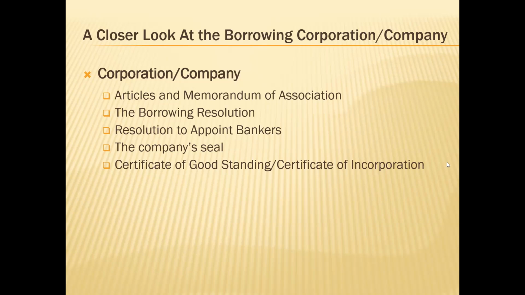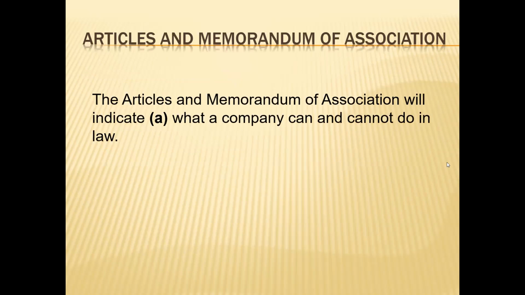Once they've been in operation for a year or more, the next year they'll need to provide you with a certificate of good standing to say that they've paid all the necessary fees, et cetera, and they are still in operation.